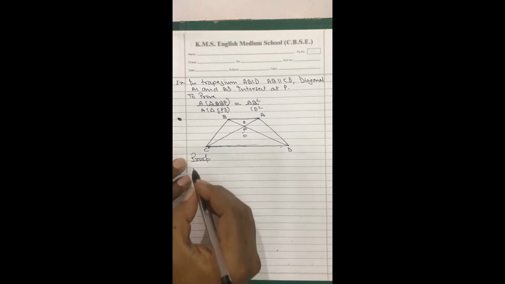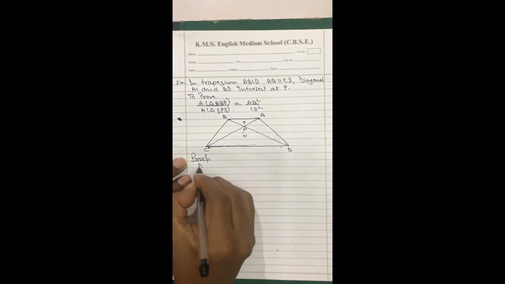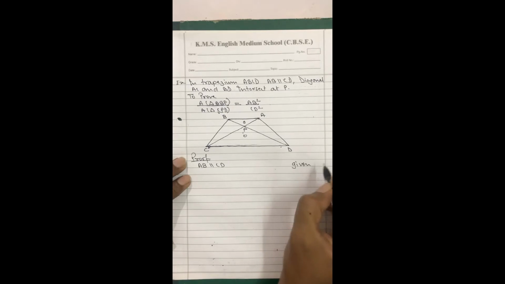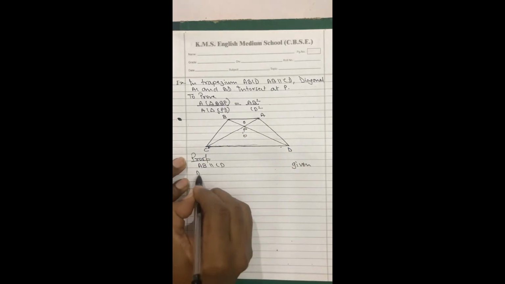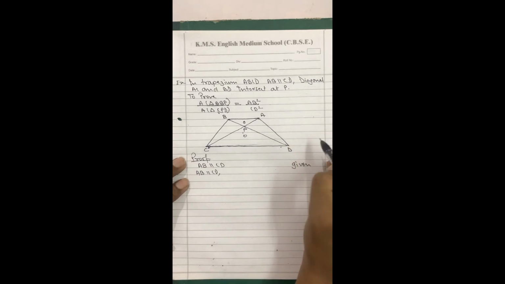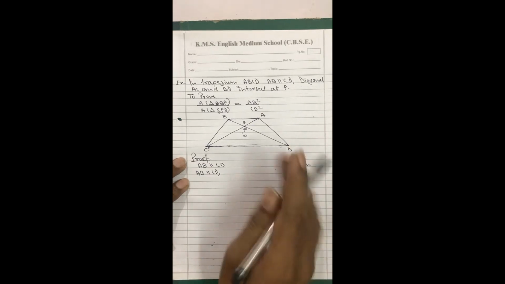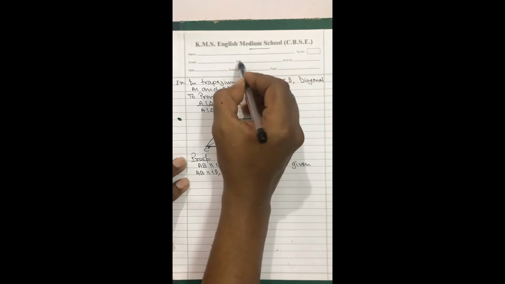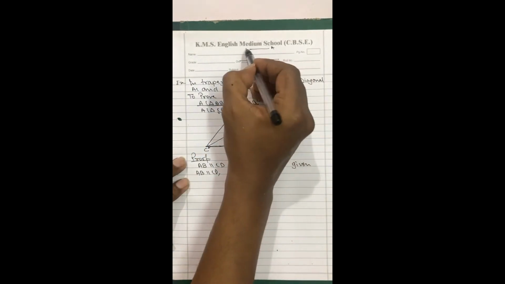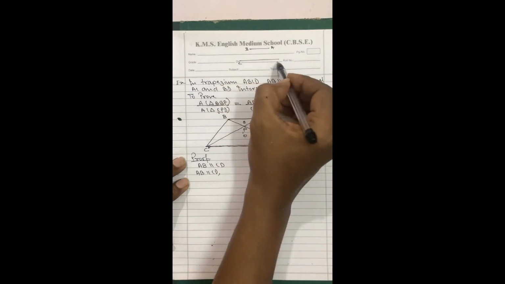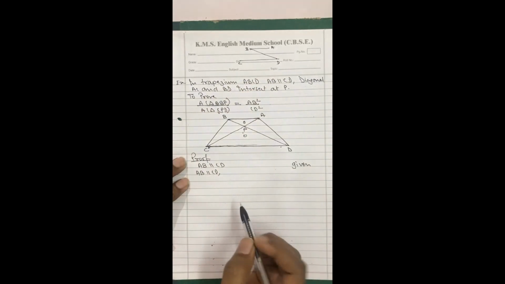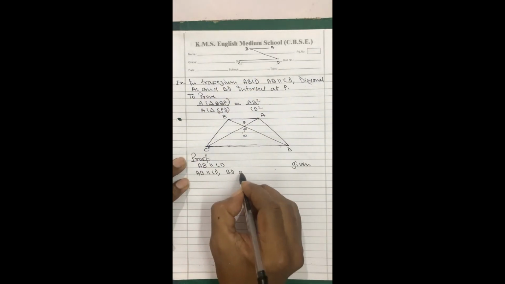But still I'll just solve it. Here, first I will have to prove that the angles are congruent. AB is parallel to CD, this is given. Now see here, this is AB, this is CD, AB parallel to CD, and BD as a transversal.